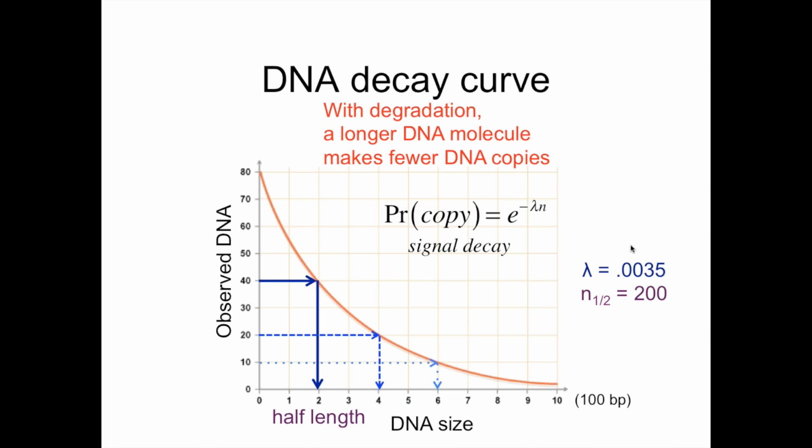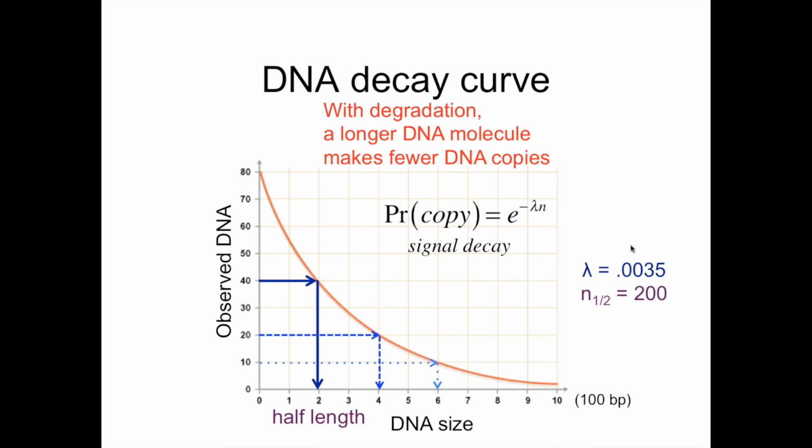With degradation, a longer DNA molecule will make fewer DNA copies, and the probability of copying, or the signal decay, is the standard decay formula e to the minus lambda n, where lambda is the decay factor and n is the length of the fragment. Here in this curve, lambda, shown on the right, which is the same as the break density, is 3.5 breaks per thousand, 0.0035, and the half length is 200 base pair.